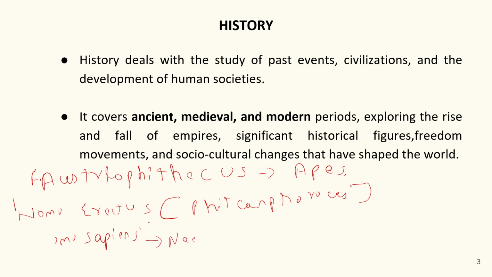The first division is Neanderthals, and the second division is Homo sapiens. Got it? So this was the evolution.